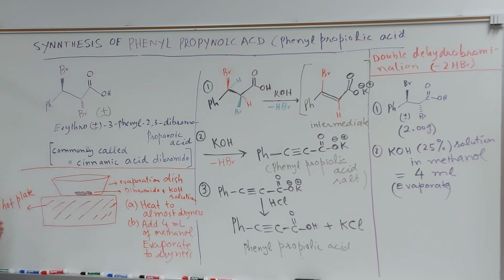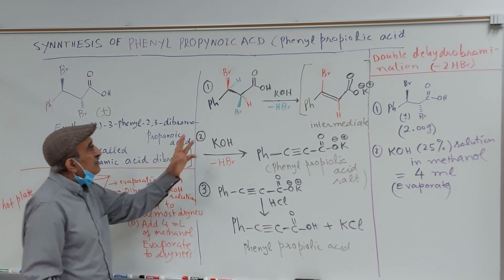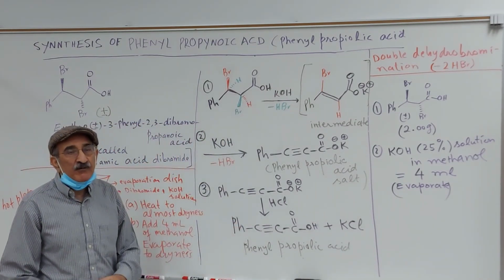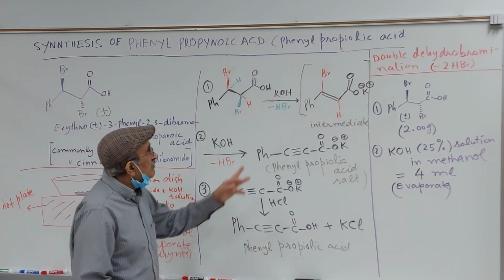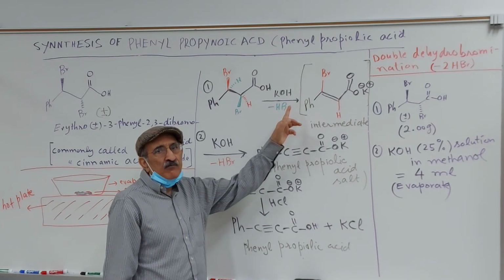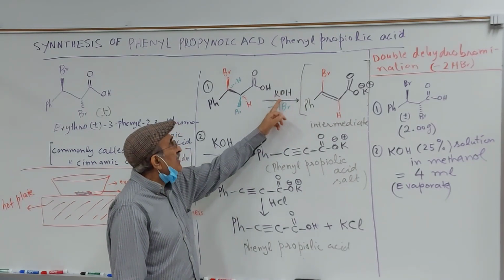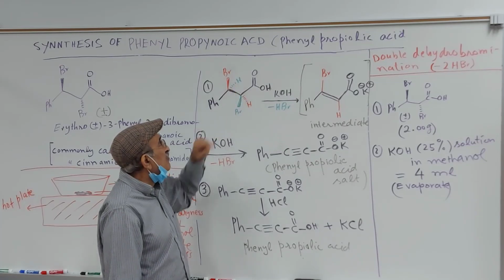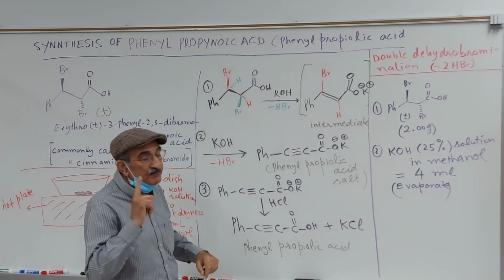So you'll be taking the racemic mixture and treating it with potassium hydroxide in methanol solvent. Potassium hydroxide is a very strong base, so it is going to pick up protons from this molecule twice.